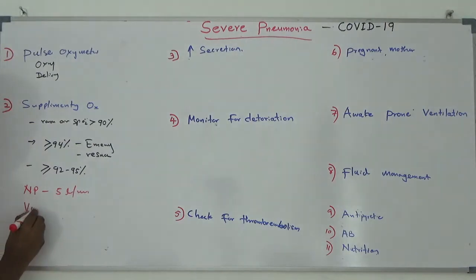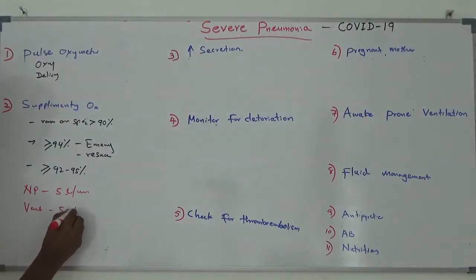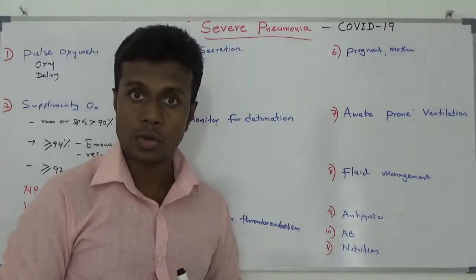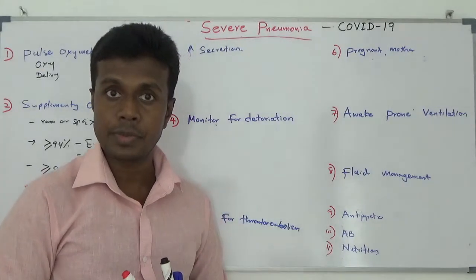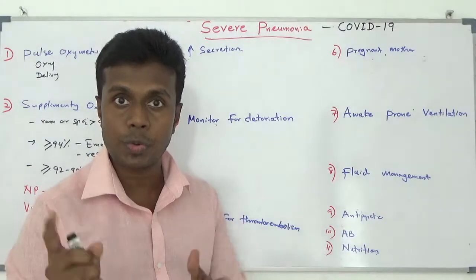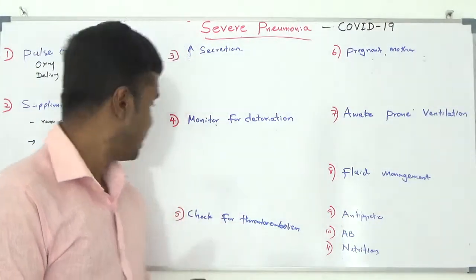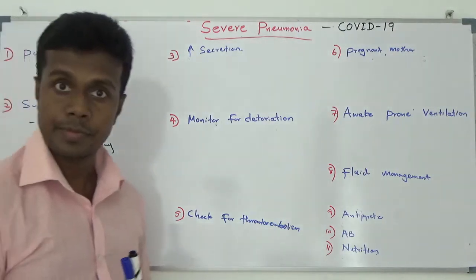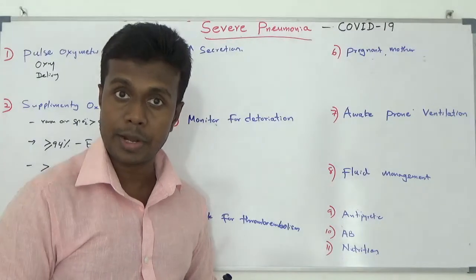From a venturi mask I can give 5 to 10 liters per minute. The venturi mask mentions the fraction of oxygen which is delivered to the patient. According to that, it mentions the amount of liters you should provide externally. Or you can give a face mask with non-rebreathing bag.